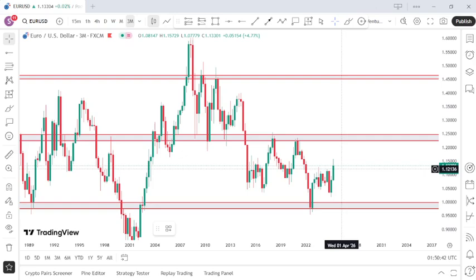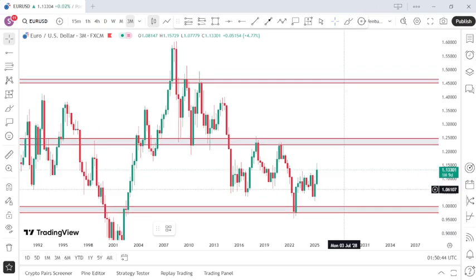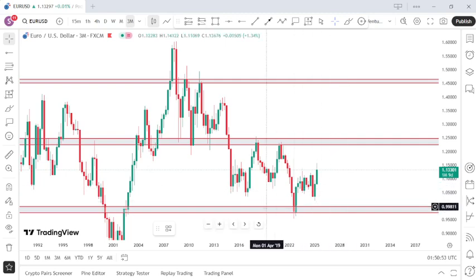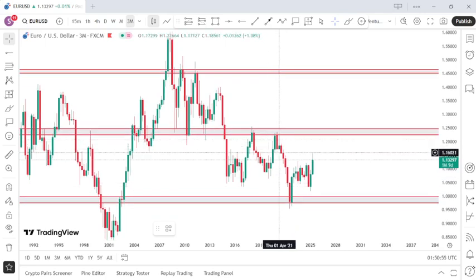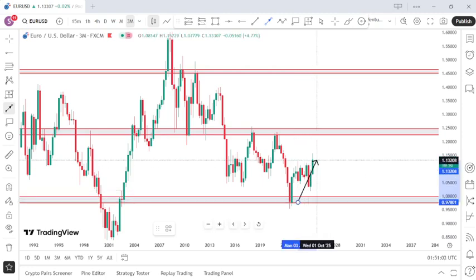Okay, so on the 3 months time frame, Euro USD is in a bullish trend. We are looking at a bullish market because after price dropped to this 3 month low here, you could see the buying pressure coming in and pushing price all the way to the upside.